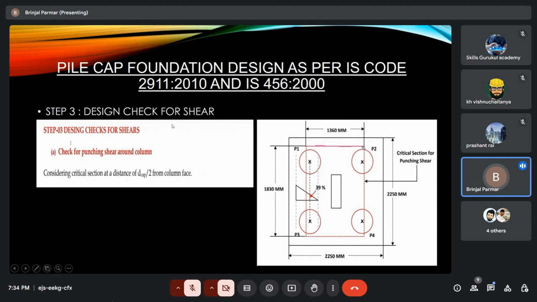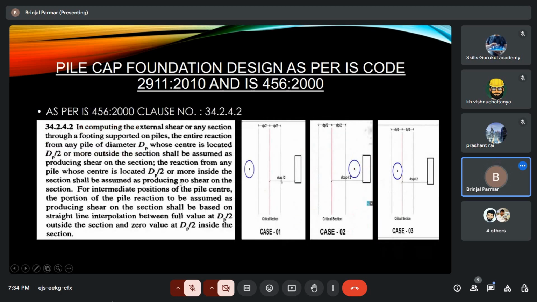Step 3. Design for checks here. Check for punching shear along column. So first of all, we have to know about this clause. In computing the external shear on any section through the footing supported on piles, the entire reaction from any pile of diameter dp, whose center is located dp by 2 or more outside of the section, shall be assumed to produce shear on the section.